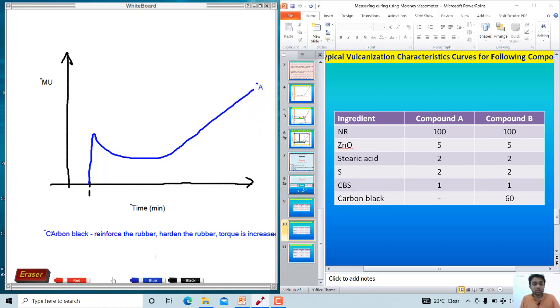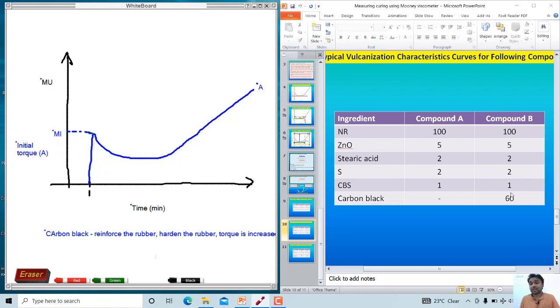Now we need to compare this with the compound B, right? What will happen to this torque value? Mi, initial torque. If I say initial torque of compound A, so what will happen to that?